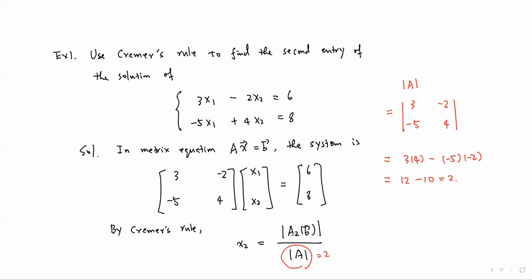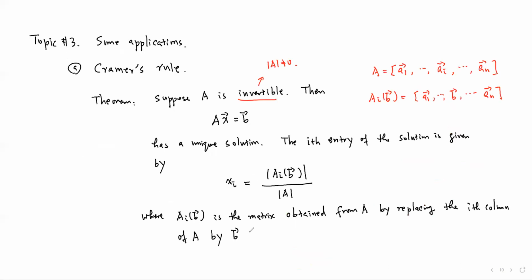Now, I compute determinant of A_2(b). Okay, first, what is A_2(b)? A_i(b) is the matrix obtained from the original matrix by replacing column i of A by the right side.